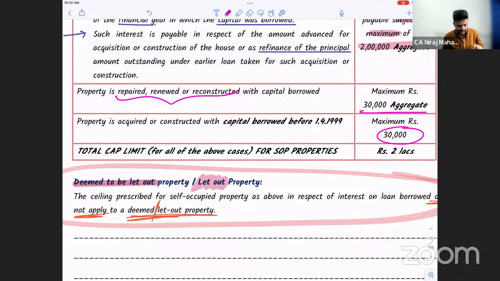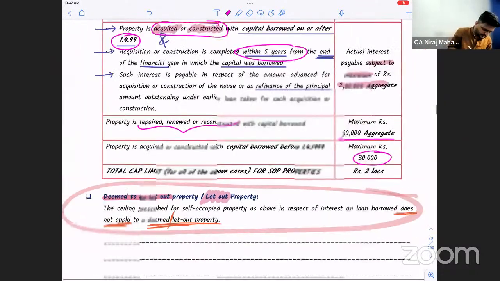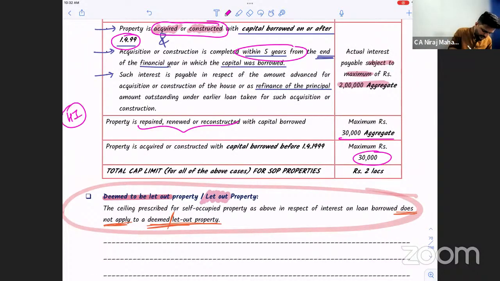If house number 1 had the loan taken on 1/4/96, what ceiling limit is applicable? 30,000 rupees. And house 2, say I took it on 1st April 2005. My ceiling limit applicable there is 2 lakh rupees.